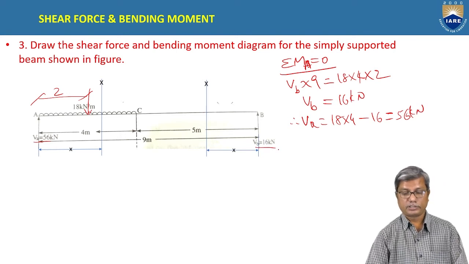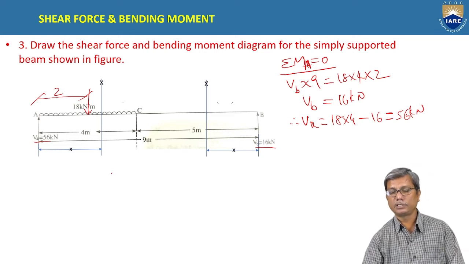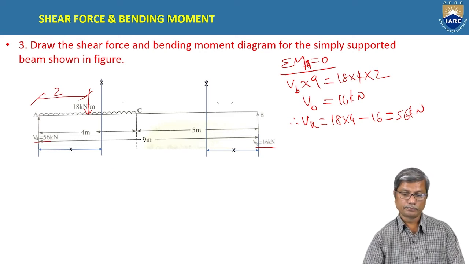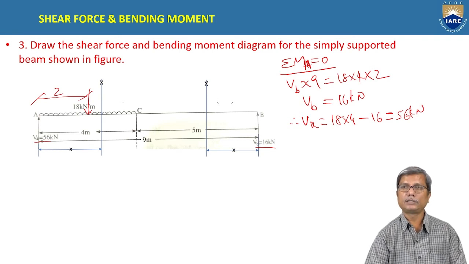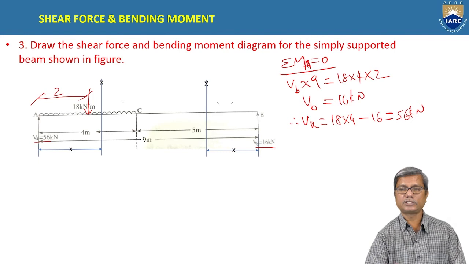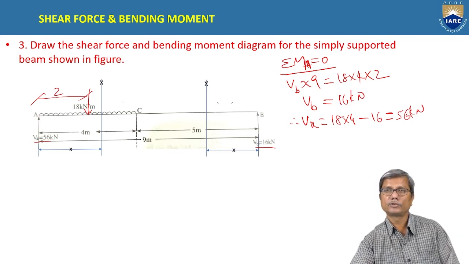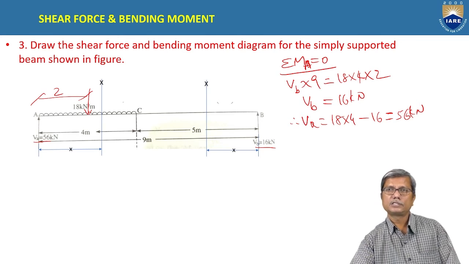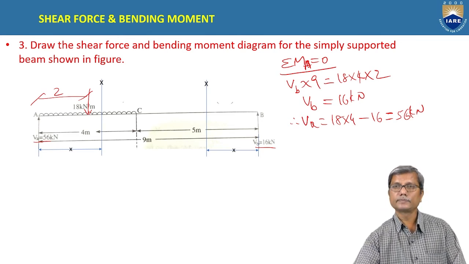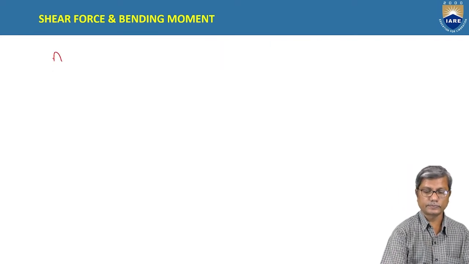Once you find reactions, the next step is to calculate the shear force and bending moment at different sections. So we consider two different sections, AC and CB, because there is a change of loading. Let us consider first portion AC. Let us calculate here portion AC.